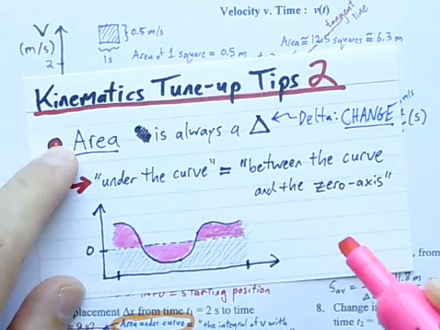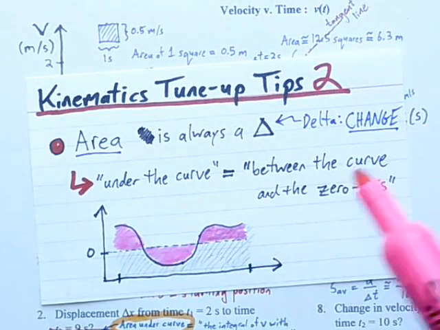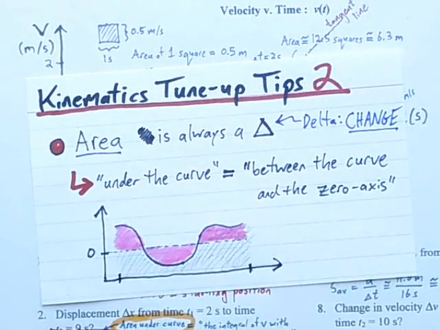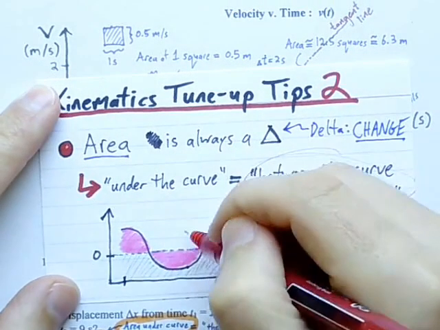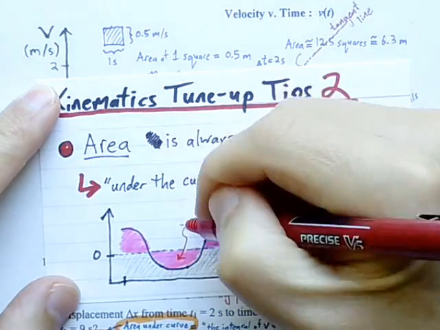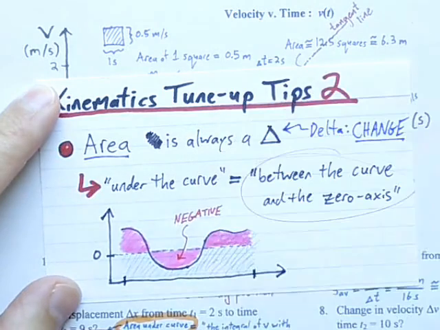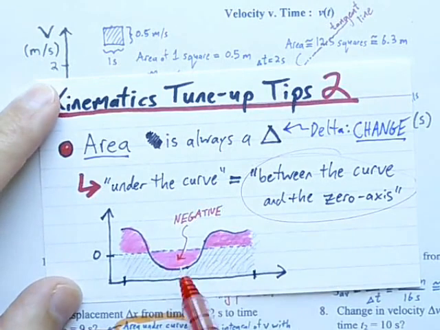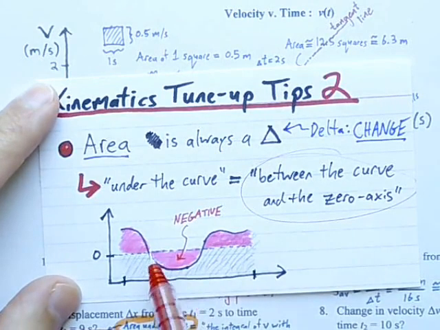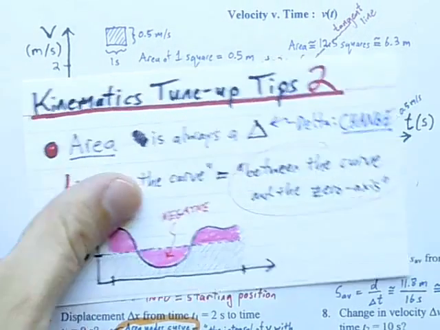Okay, so it's a bit cumbersome to say between the curve and the 0 axis, so we say under the curve just to make it shorter and simpler, but this is what we actually mean. And we should note then that an area there would be considered negative. Your area underneath the 0 axis is negative. These areas here and here above the 0 axis are positive.